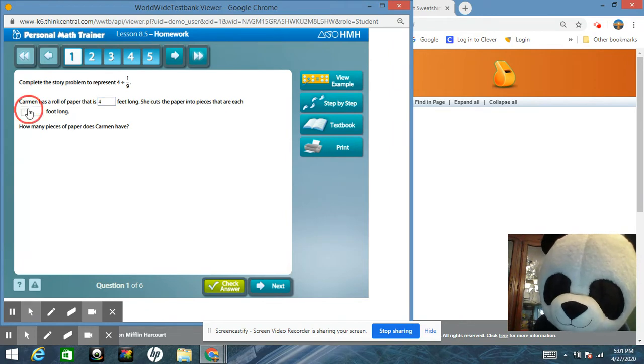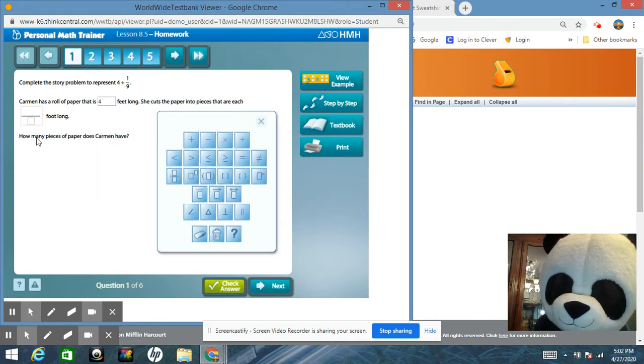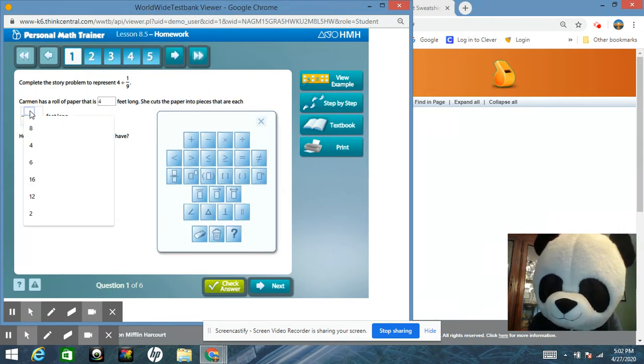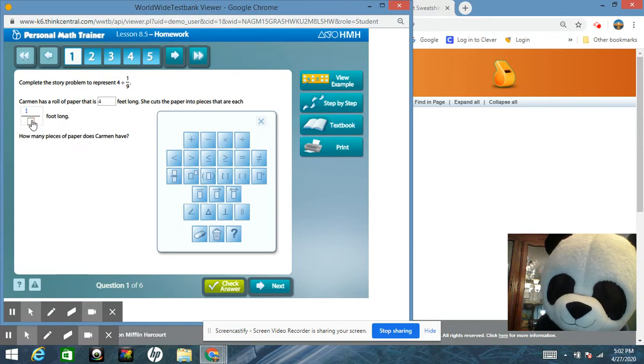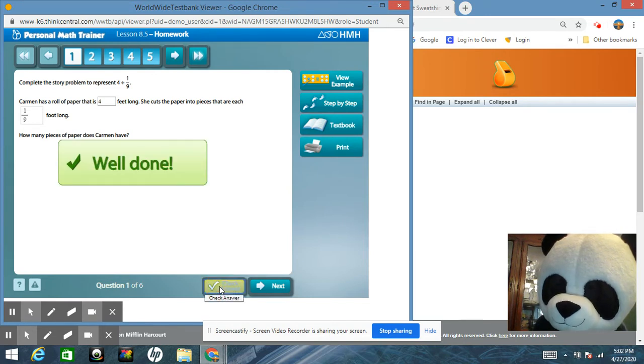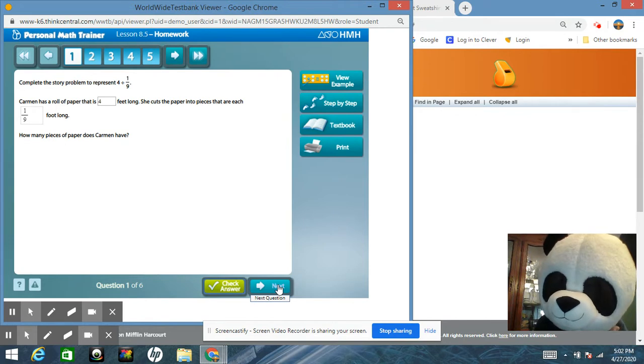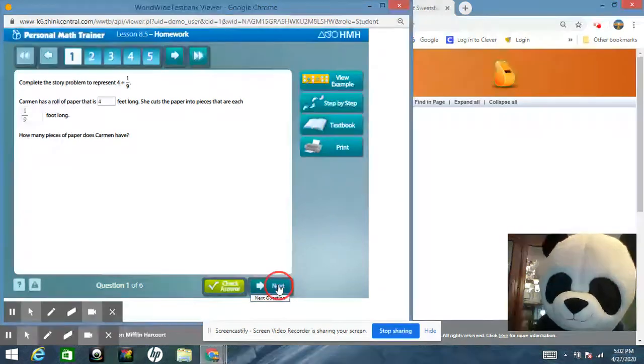And over here, I have to put my fraction. One is the numerator, put that on top. 9 is the denominator, I put that on the bottom. Oh, look at that. Pandas are smart. I always knew it. Let's go on to the next one.